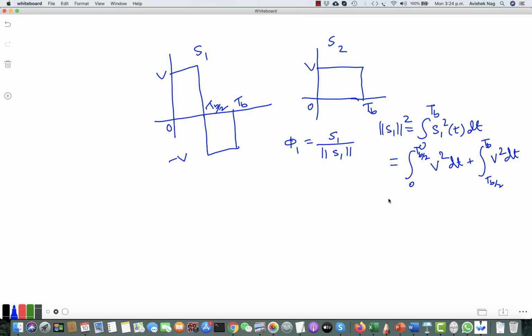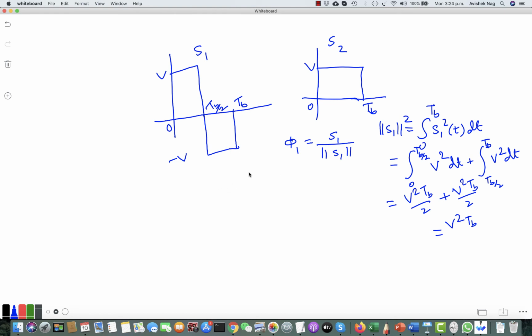So this is V squared TB by 2 plus again V squared TB by 2, which is equal to V squared TB. So the norm of S1 squared is V squared TB.